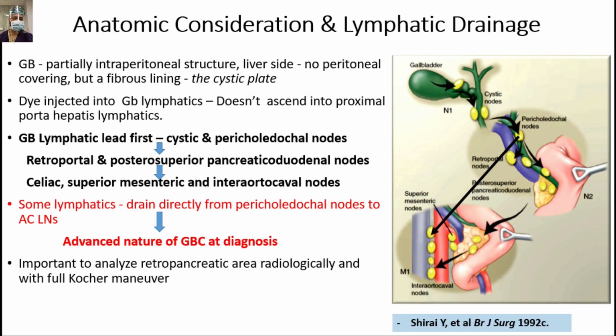Then the celiac, superior mesenteric and interaortocaval lymph nodes. But sometimes, as you can see from the pericholedochal lymph nodes, the direct arrow can go directly to the interaortocaval lymph nodes. So that's why sometimes there are skip metastases, and there is direct involvement of the aortocaval lymph nodes.